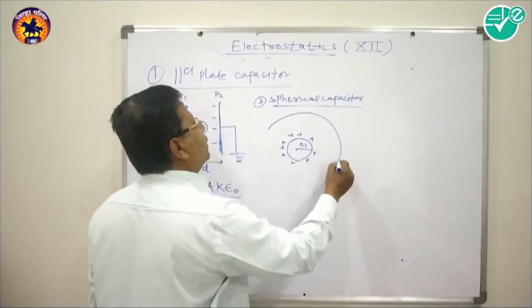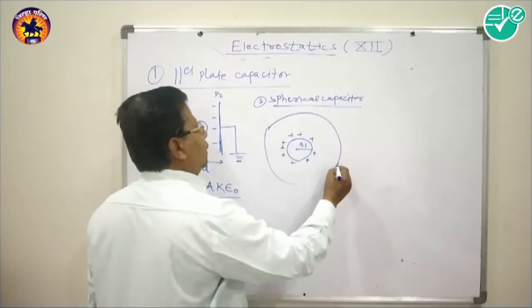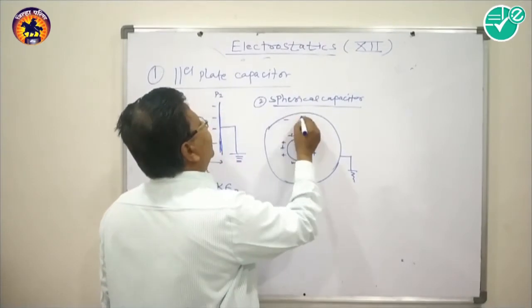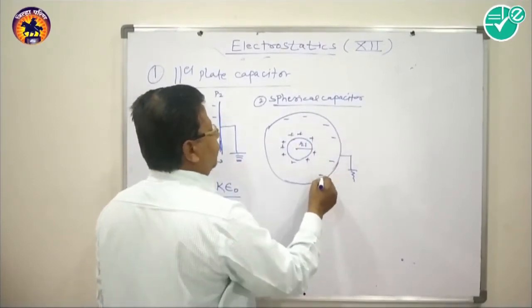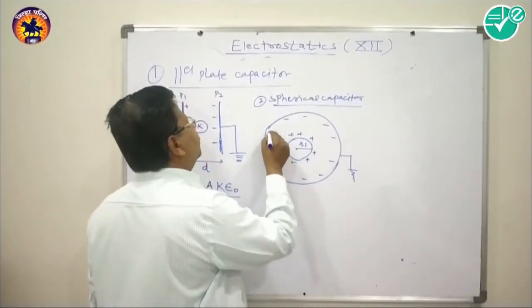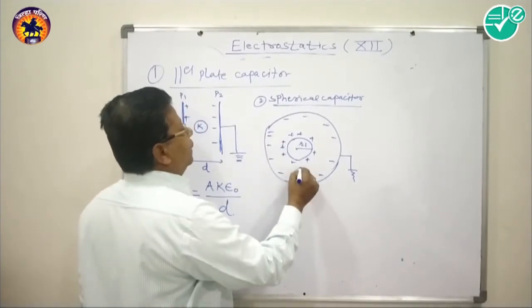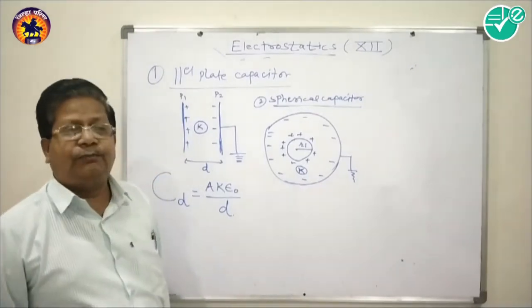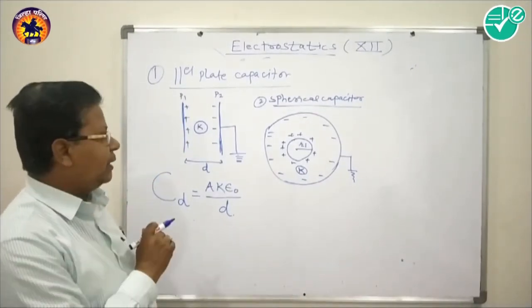Another concentric sphere is connected to the earth and acquires an equal amount of negative charge, and the space between these two spheres is filled with dielectric.